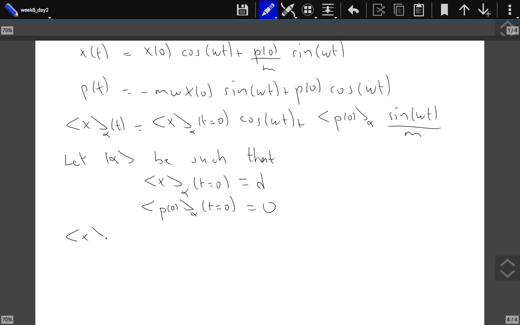So in this state, the expectation of x at time t will be just d times cosine omega t. Now this is nothing but the classical solution. I don't even know what this state alpha is. It's just that its average at t equal to 0 should be some d.